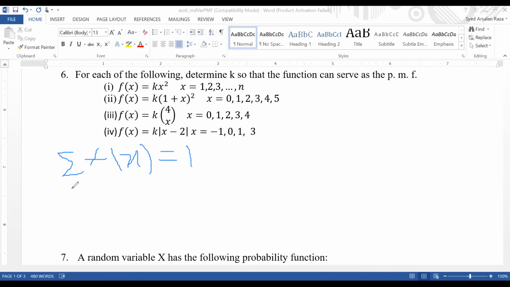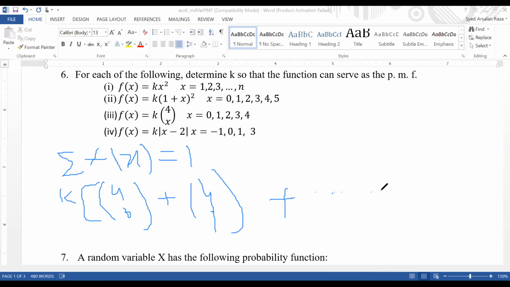K is common. K can be taken outside. And the sum of fx is what? 4c0 plus 4c1 plus 4c2 and so on, plus 4c4 is equal to 1.